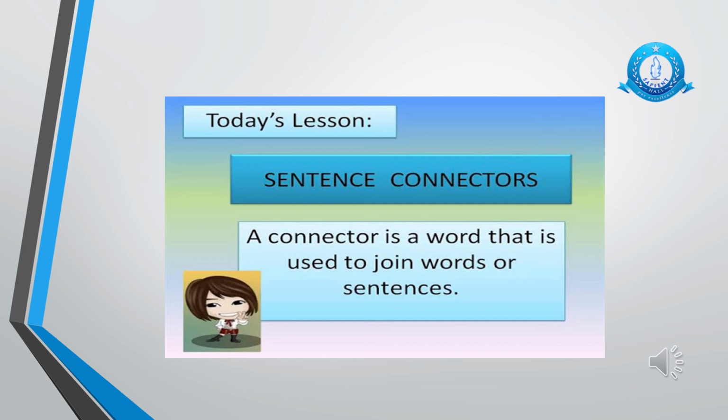Like, although Mercedes car is very expensive, a lot of people buy it. So we have added a connector here, that is although. Another way we can write or say this sentence is, Mercedes car is very expensive, nevertheless, a lot of people buy it. So here we are connecting two ideas and two sentences to make our speaking more fluent.